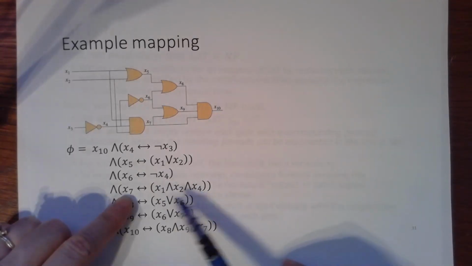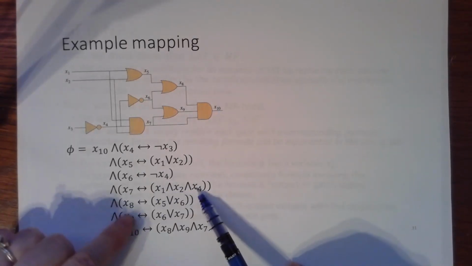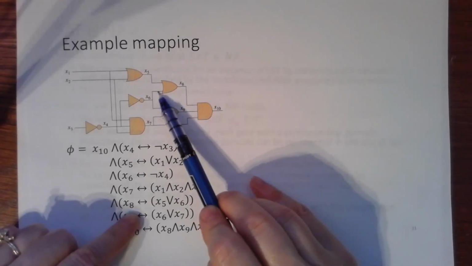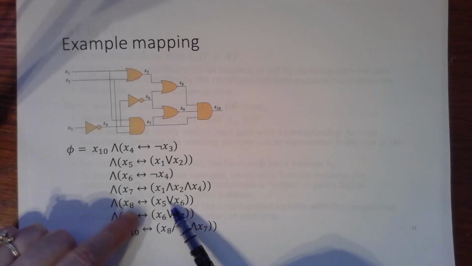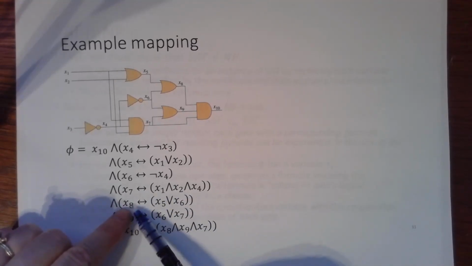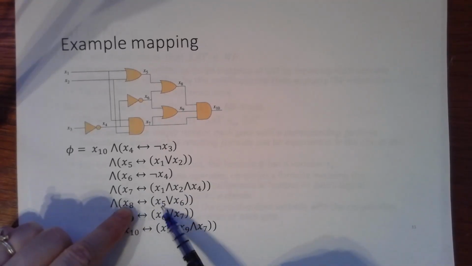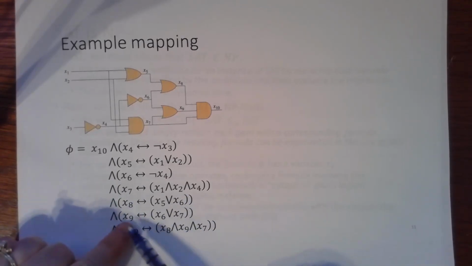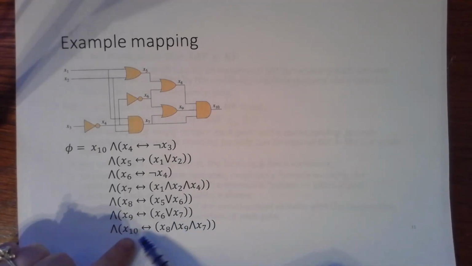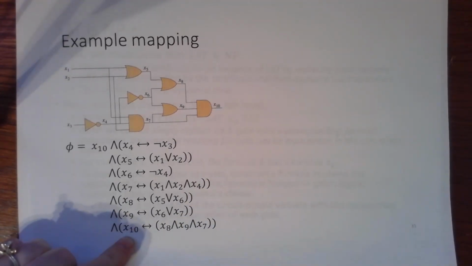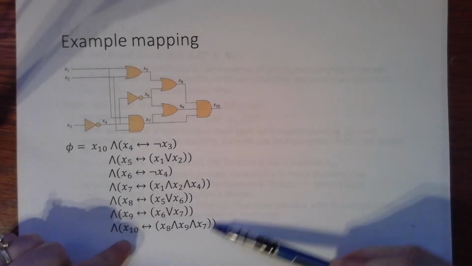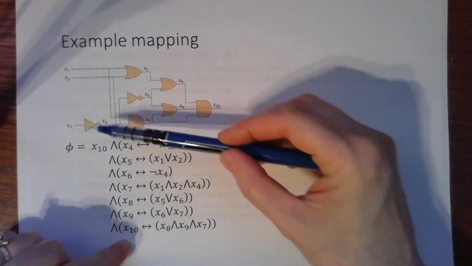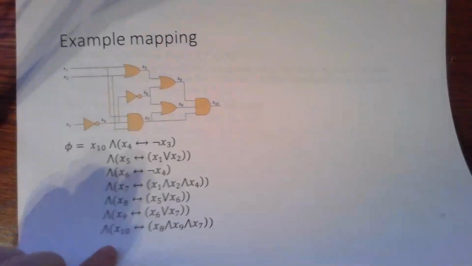So x1, x2, and x4 are being ANDed together. x8 if and only if x5 and x6 are ORed together, so the value on x8 is equivalent to the OR of x5 and x6. x9 is the OR gate, x10 is the AND gate. These are all just expressing the functionality of each individual gate.